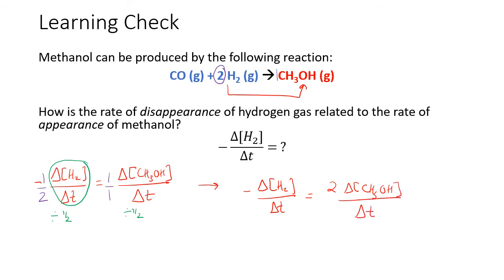So now we're reading this in terms of the hydrogen gas disappearance. And what that says is the hydrogen gas is going to disappear 2 times as fast as the methanol is produced. So this would be our final answer.